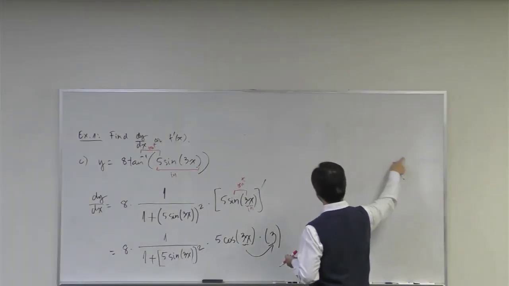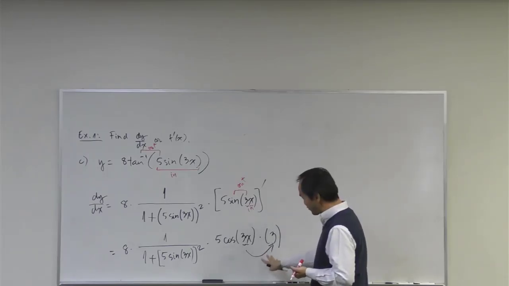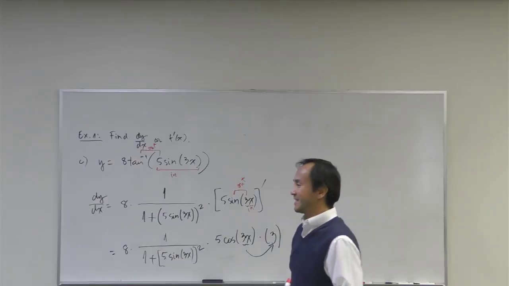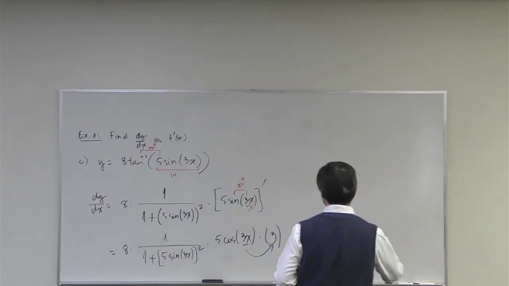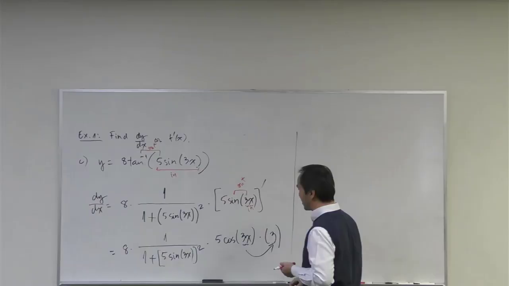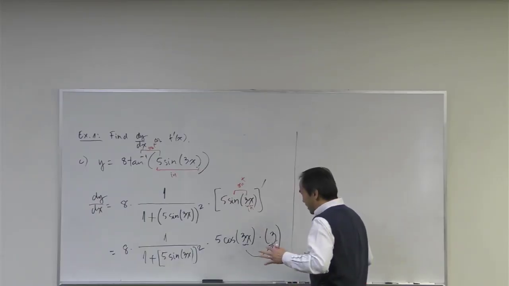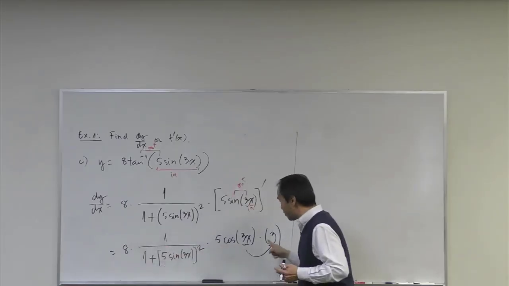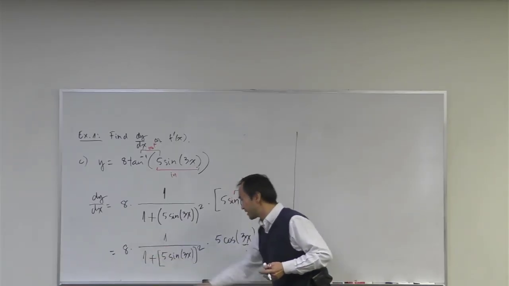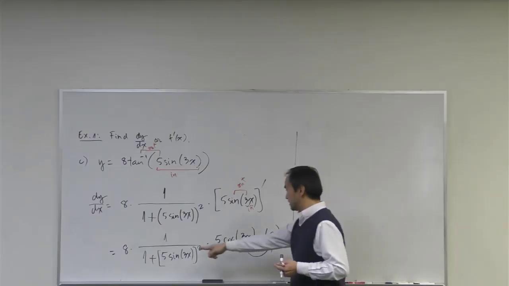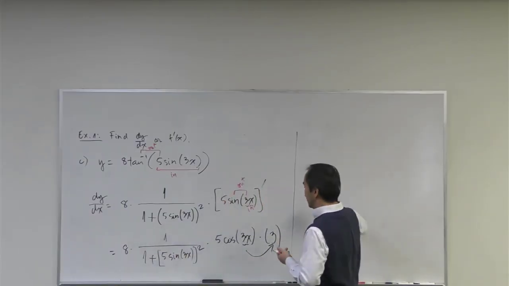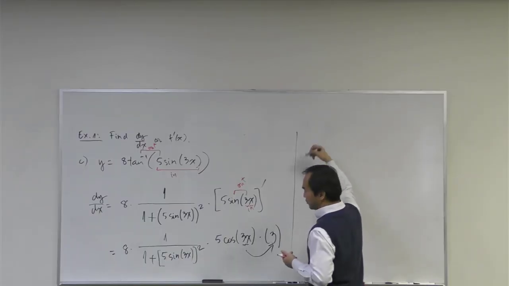At this point we are officially done with taking the derivative. Ready for putting it in a more simplified way. There's not really much to simplify, but we can multiply all the coefficients together, making it a big coefficient. 8 times 5 is 40, multiplied by 3, making it 120.